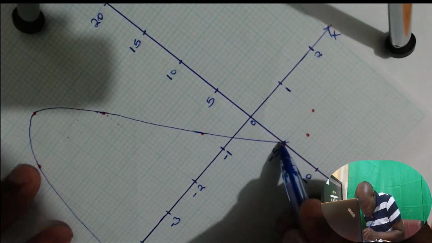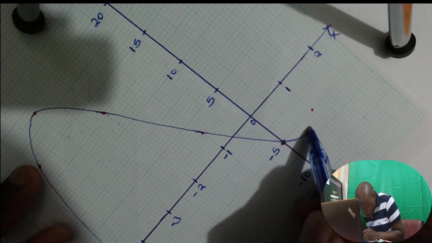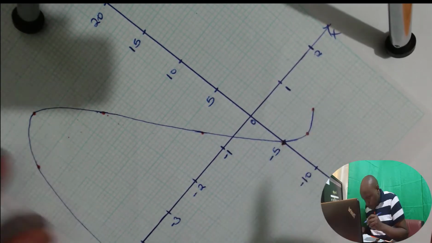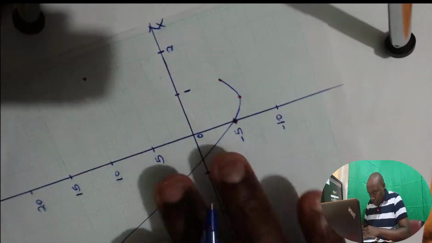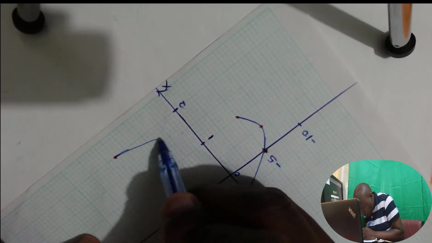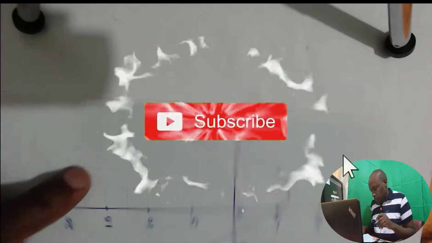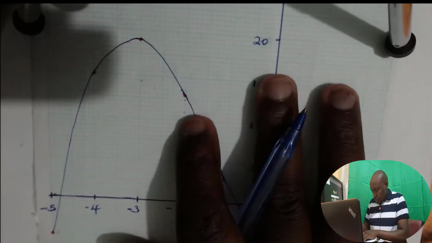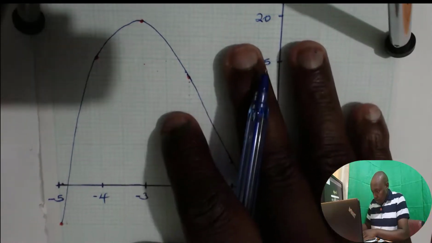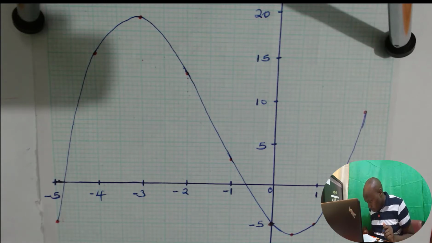Ensuring that the curve passes through the point that we introduced, and then the last point to join. That's that point. So now the curve is there. And as you can see, it is smooth. This one is a smooth curve.